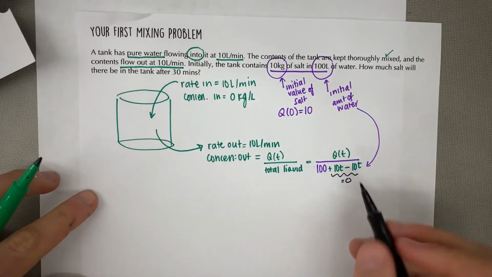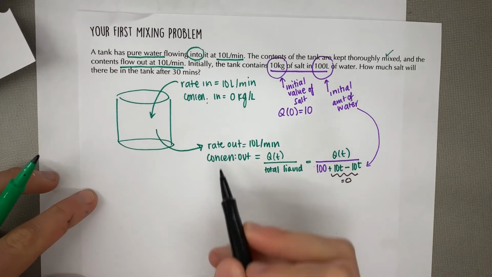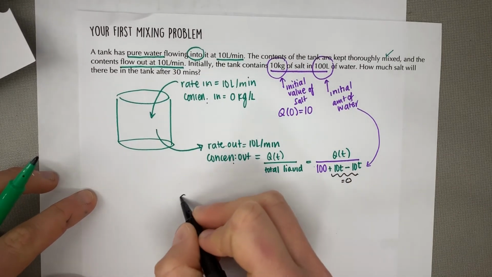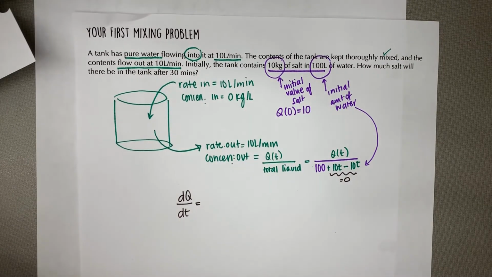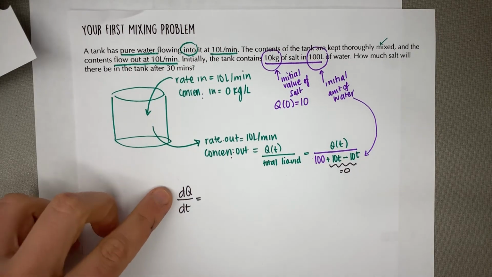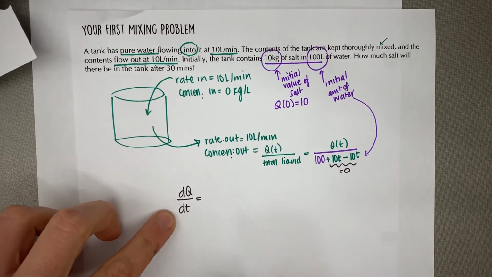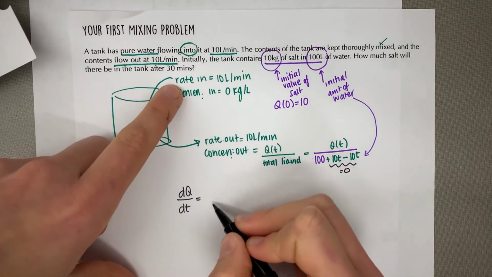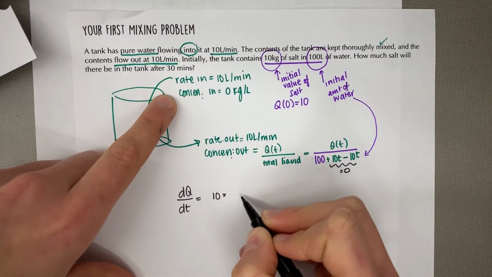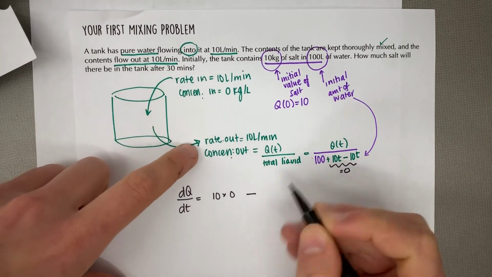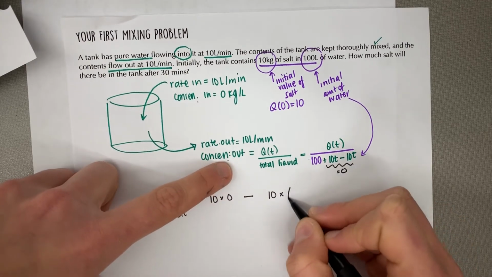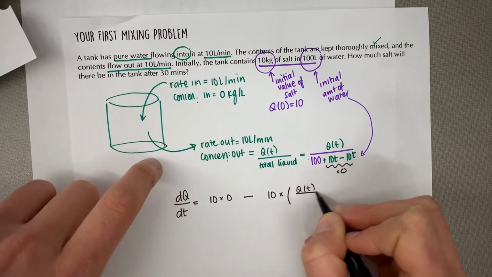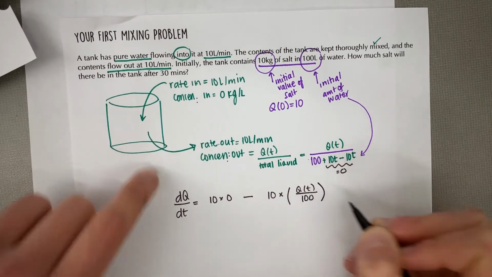Okay, next piece. So we have rate in, rate out, concentration out. Now we can set up our differential equation and start to do some calculus. So we know that dQ/dt, the rate at which the amount of substance is changing, is equal to the rate in times the concentration in, minus the rate out, 10, times the concentration of the liquid leaving, so Q of t over 100 here.